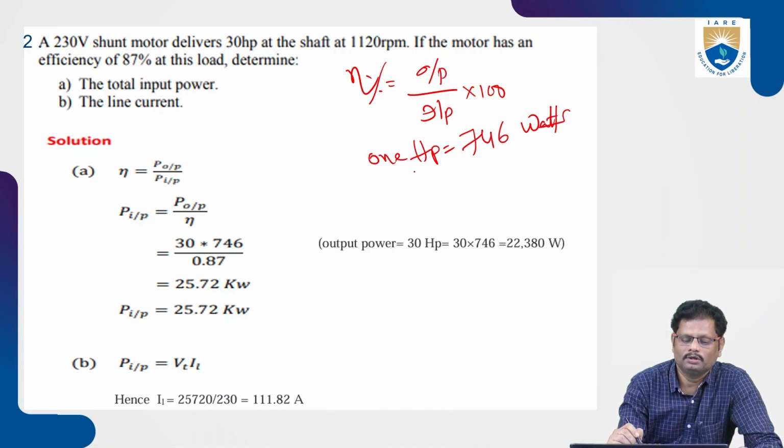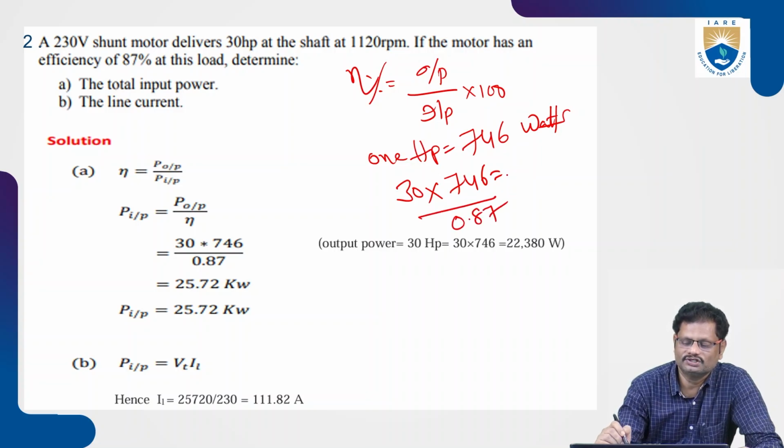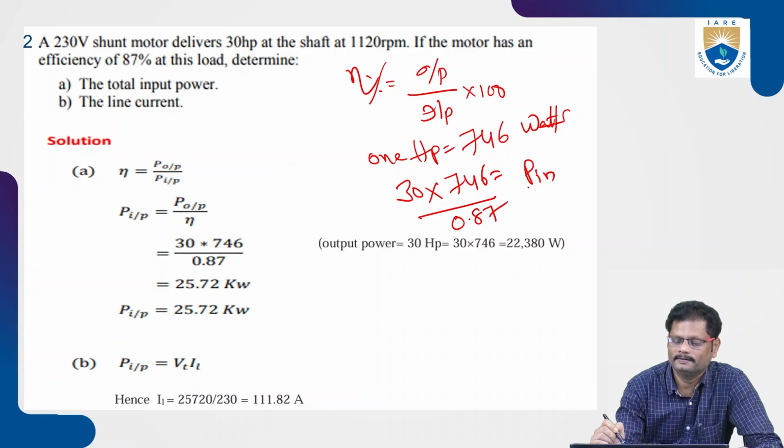So 30 into 746, divided by the given 87% efficiency, we will get the input power. So the input power equals 25.70 kilowatt.